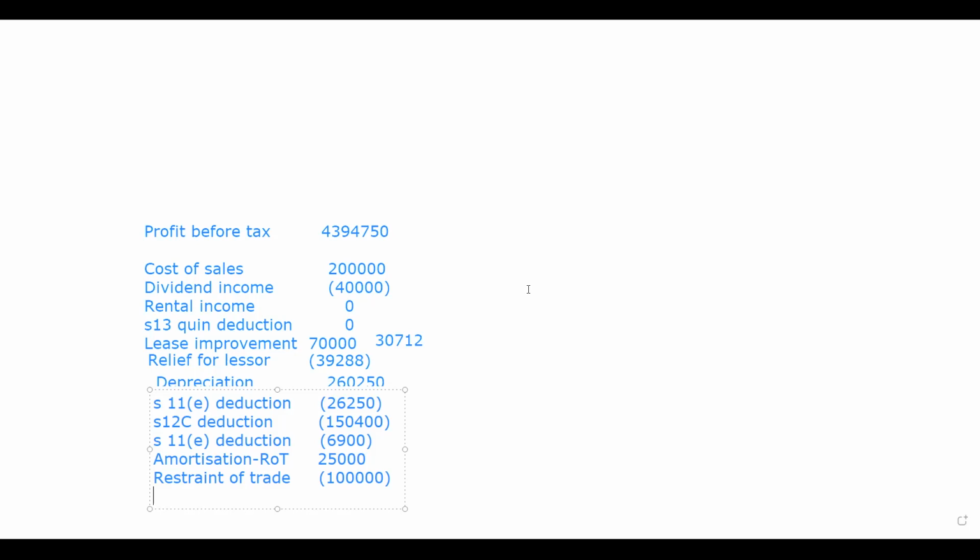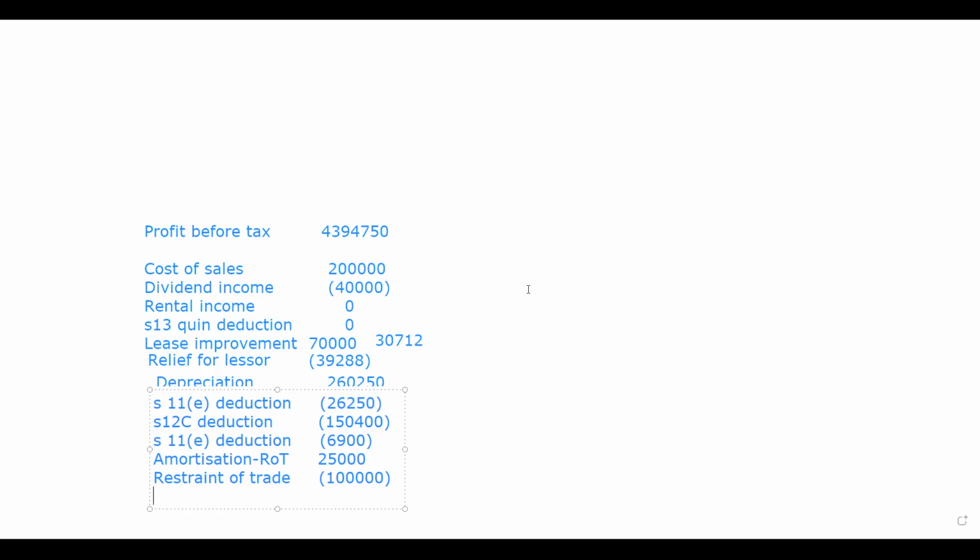Because this is a manufacturing building. So section 13 applies, right? And the use, we started using it after 1 October 1999. So which means we're using 5% from there onwards, right? And then what's going on? What amount are we going to use? We are going to use this 3.1 million.